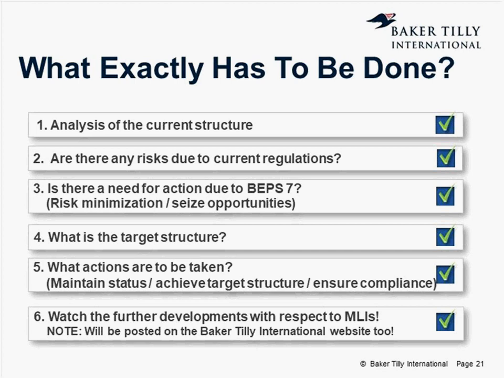The first step is always to look at the current structure, to do a kind of health check and analysis of how the situation is at the moment and whether there are any risks already due to the current regulations. If you think about the Denmark Germany home office.